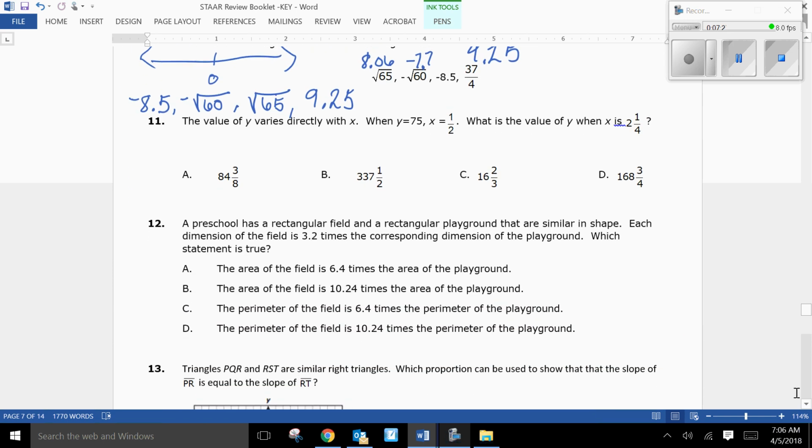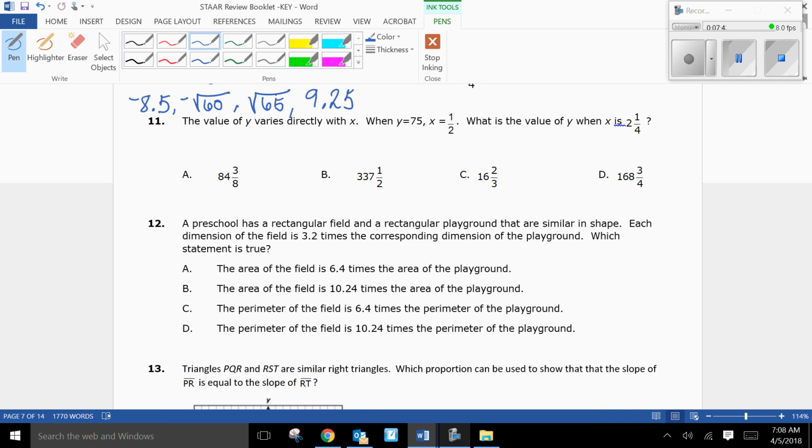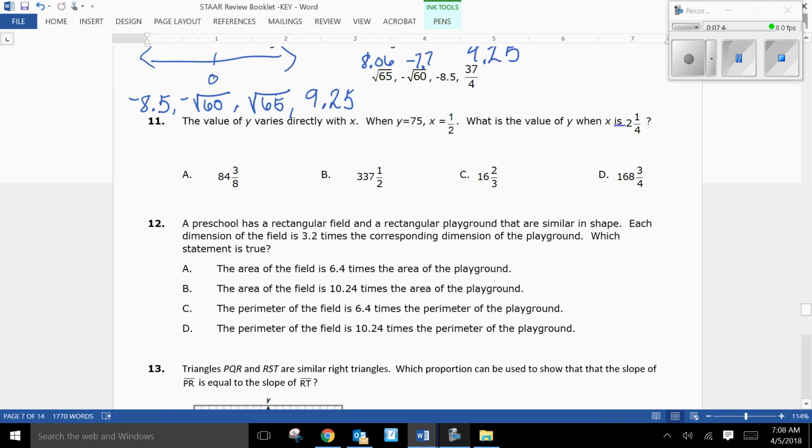Number 11, the value of y varies directly with x. When y equals 75, x equals half. What is the value of y when x is 2 1/4? Okay, so on these problems, it helps me to build a table since I have y values. So if I have x and y, and I know that when x is half, y is 75.